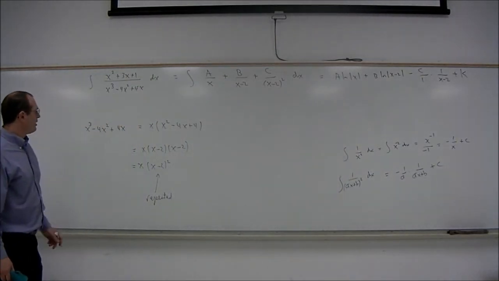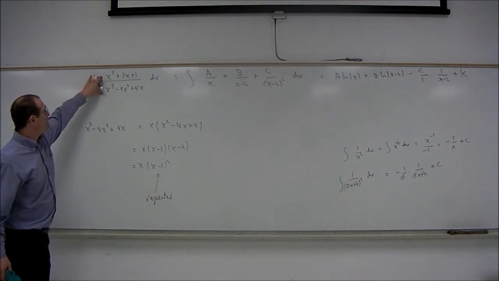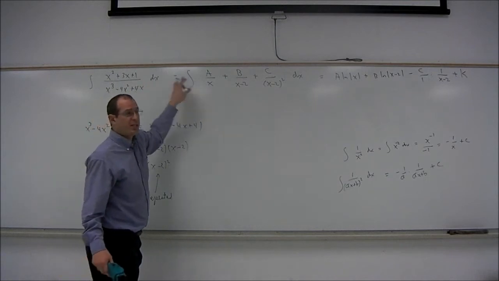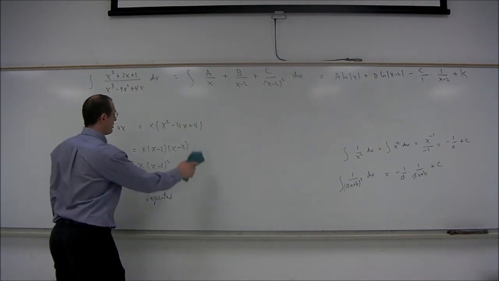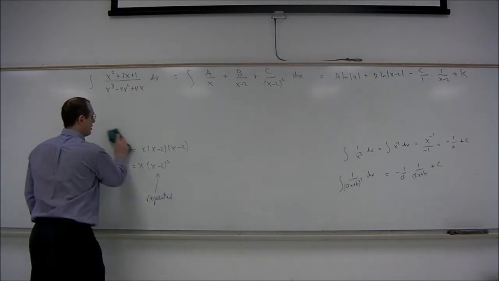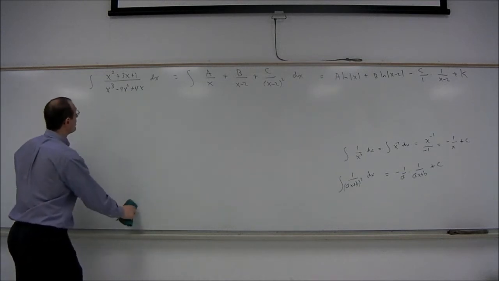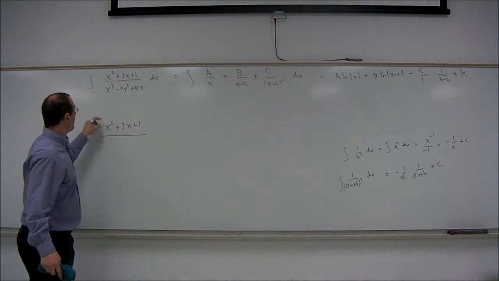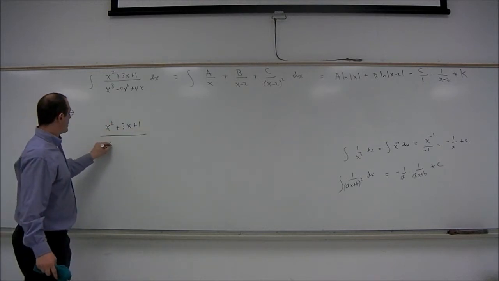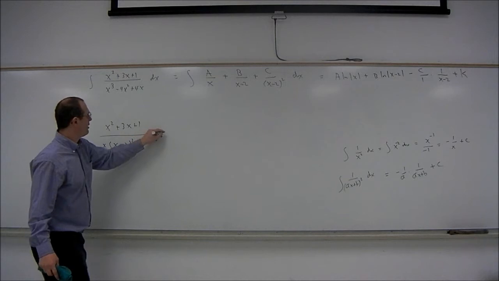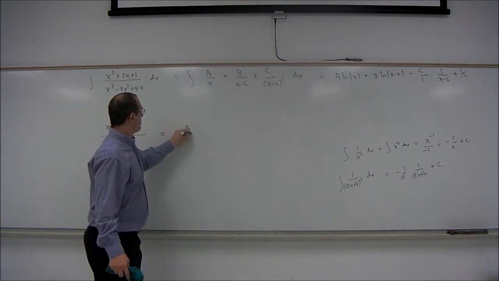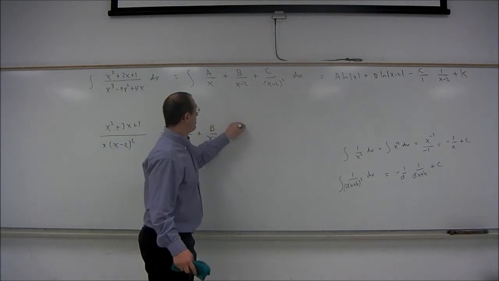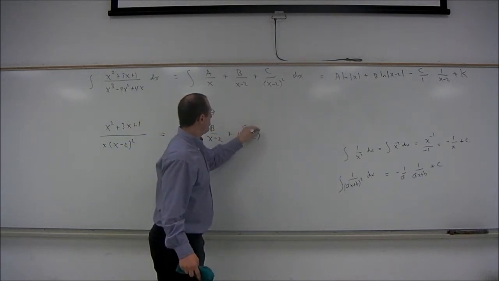To figure those out, we'll go back to this equation, set these fractions equal to each other, and solve for A, B, and C. So x squared plus 3x plus 1 over, I'll write the factored form, x times x minus 2 squared, is equal to A over x plus B over x minus 2 plus C over x minus 2 squared.